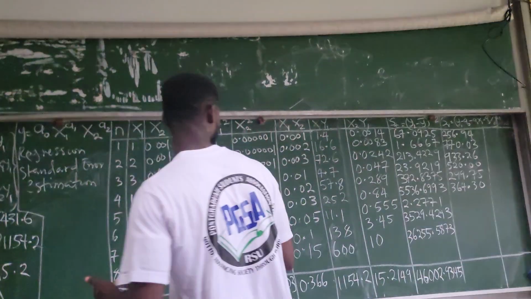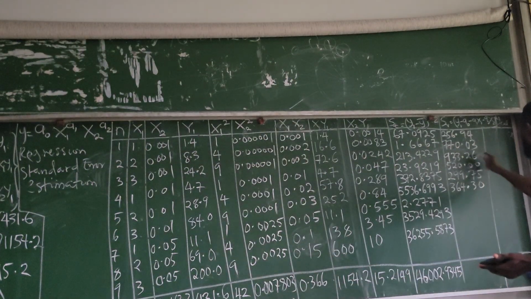So go down again. How many have we done? 1, 2, 3, 4, 5, 6.